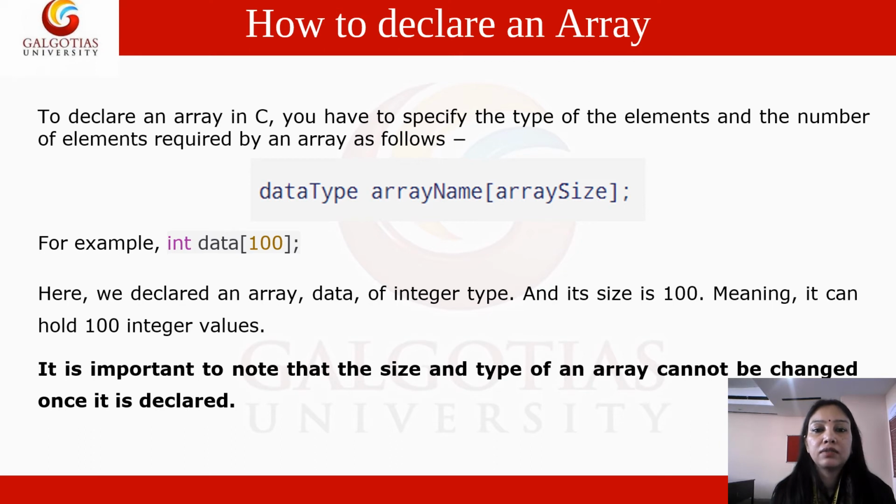The syntax for declaring an array is as follows: data type, array name, and within square brackets the array size, and then a semicolon. For example, if you want to declare an array A of integer type having size 100, I will write int A[100] on your screen.